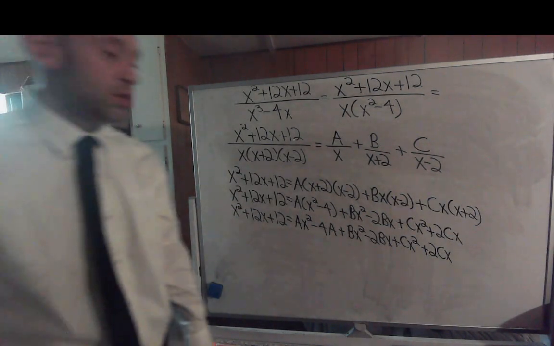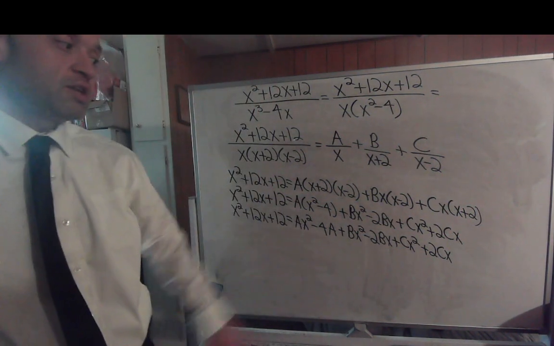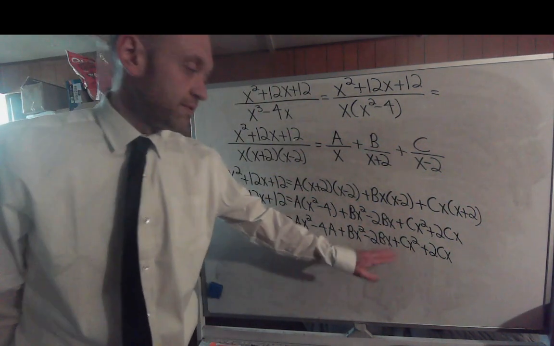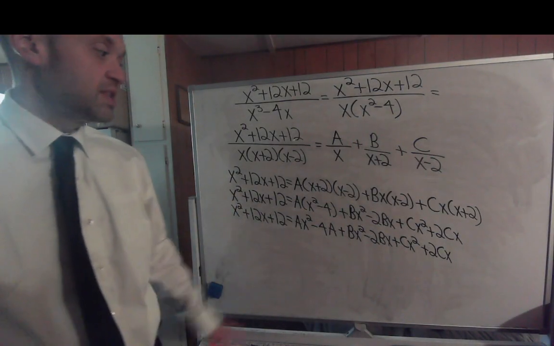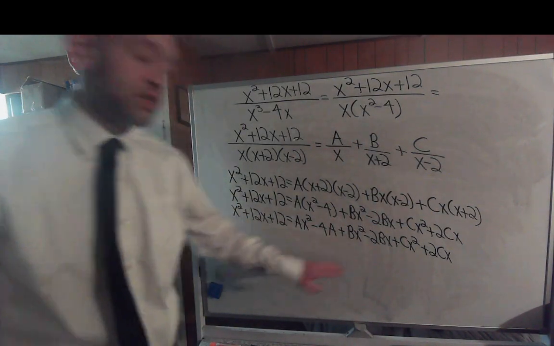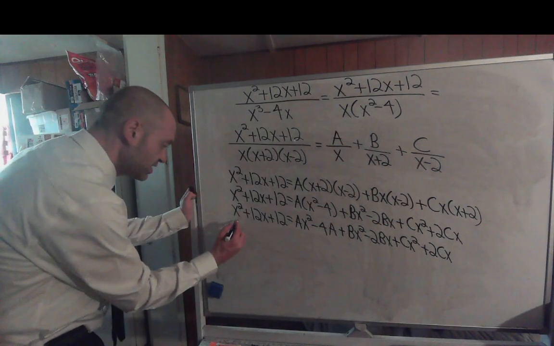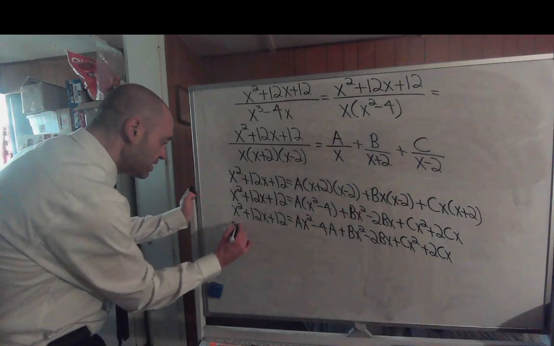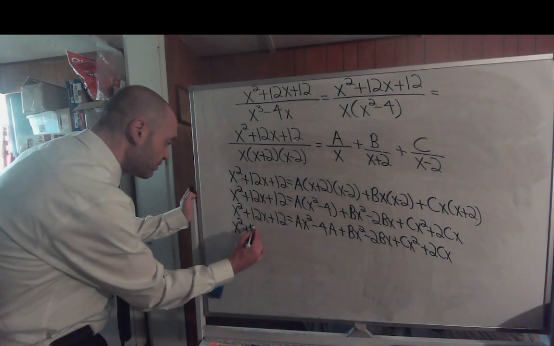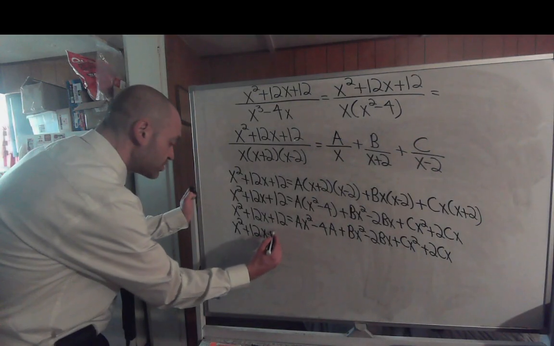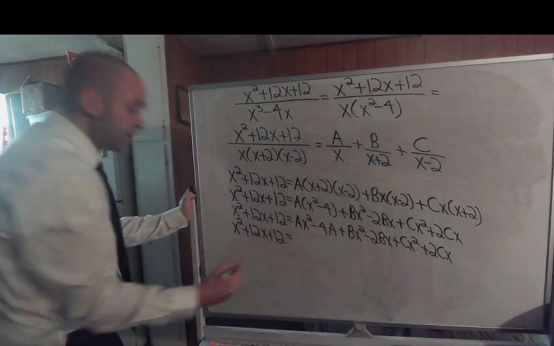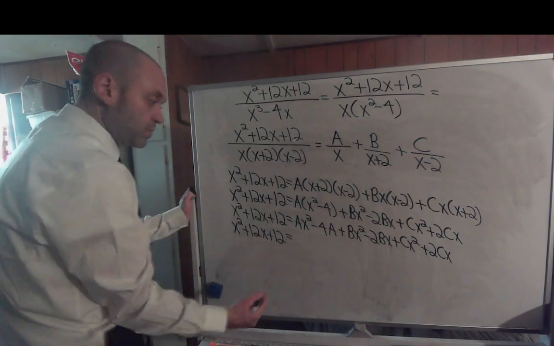Now, of course, we need to group everything together on the right. You have a constant term, just one. You have several x to the first terms. We actually have two of those, and then you have 3 x to the second terms. You need to group each of those together by themselves. So you would get x squared plus 12x plus 12 is equal to, let's group the x squared terms together.